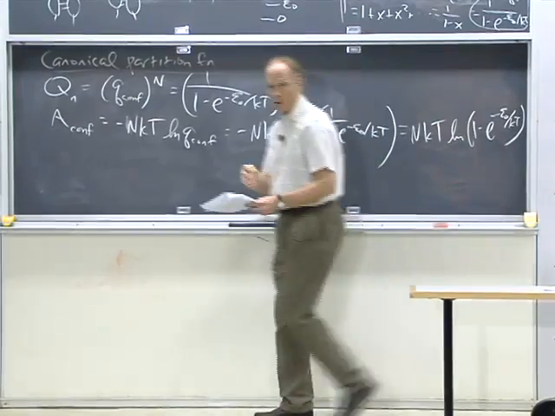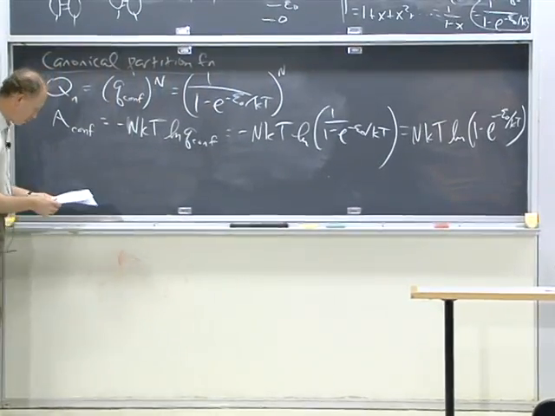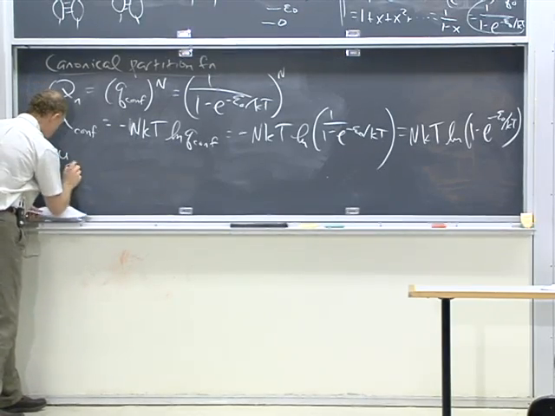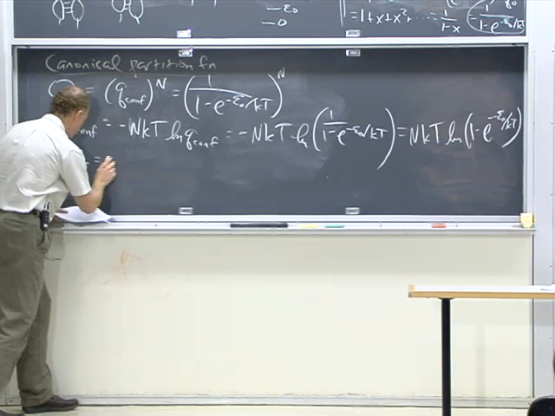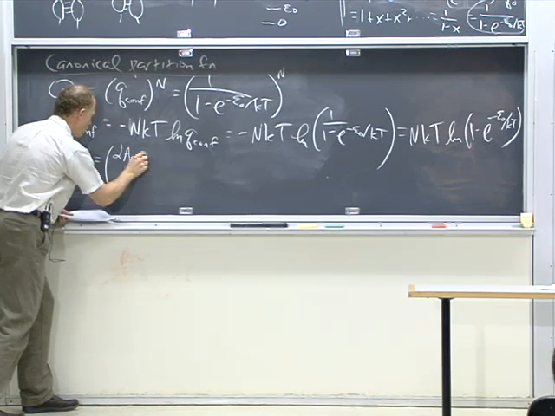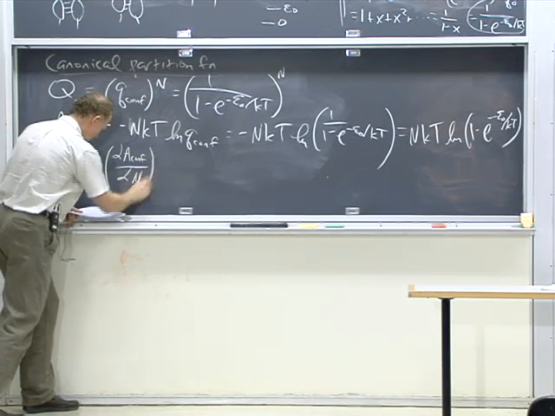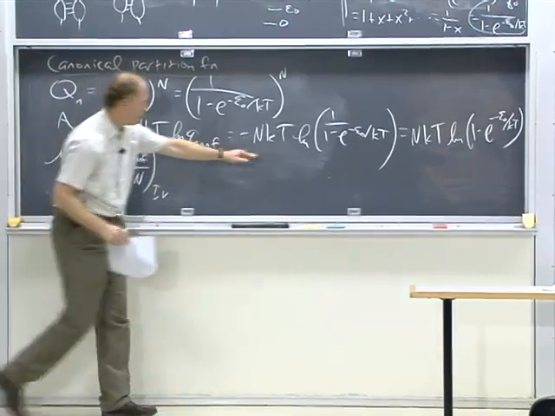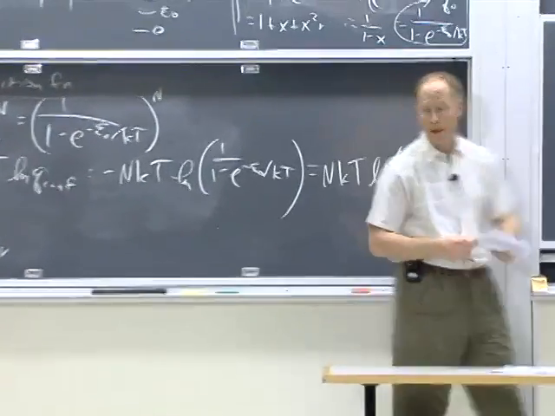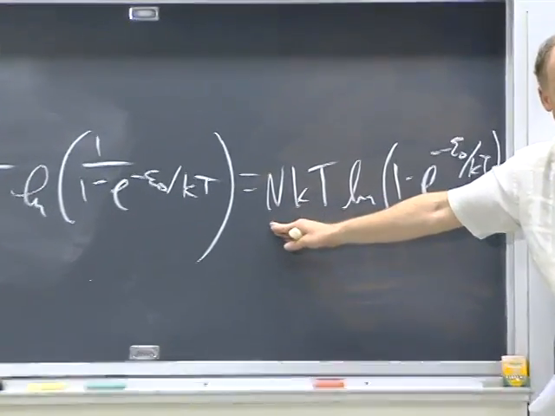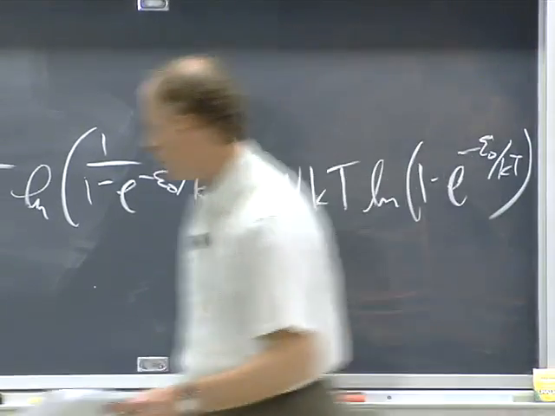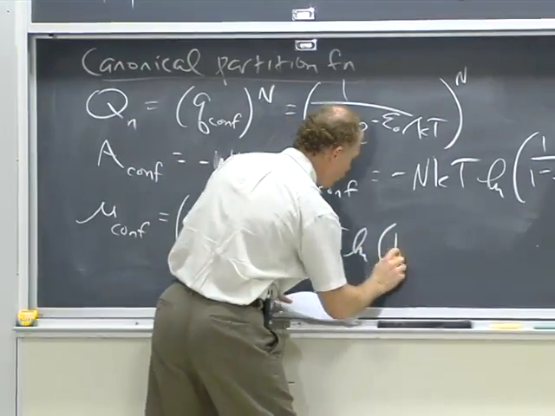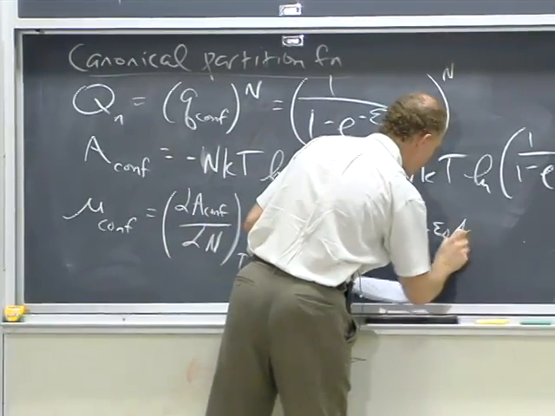And I'm not going to write out all of the individual thermodynamic terms, but I'll write a few of them. So mu, the chemical potential for these configurations, is just dA/dN with T and V constant. And the only capital N dependence, the only dependence on the number of molecules, is multiplicative, right here. So this just gives us kT log of 1 minus e to the minus epsilon naught over kT.